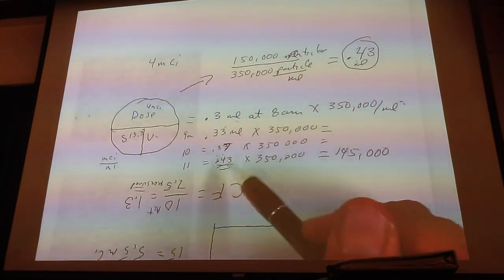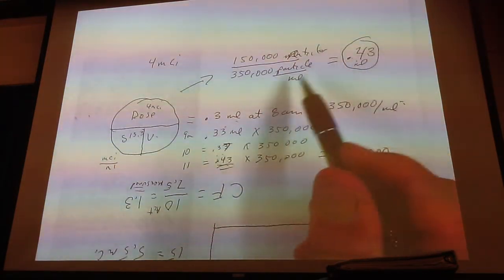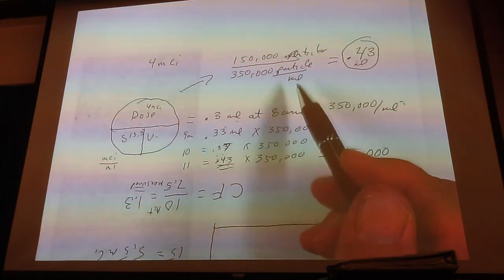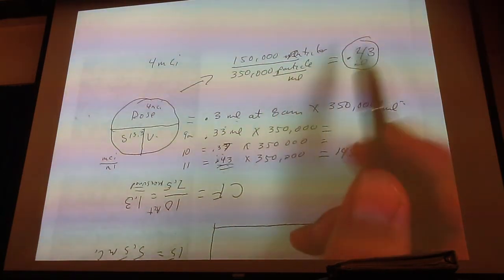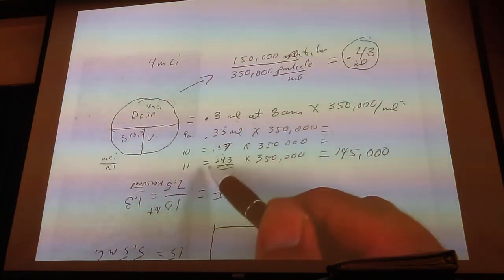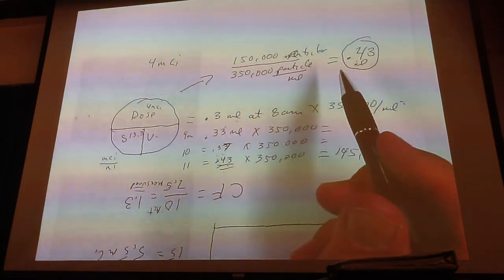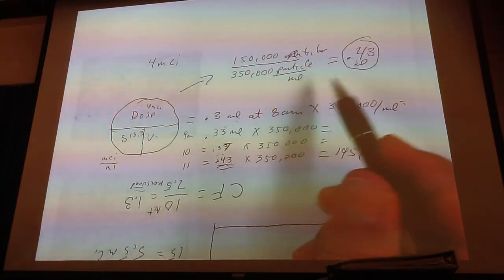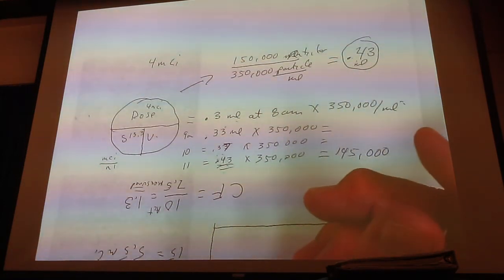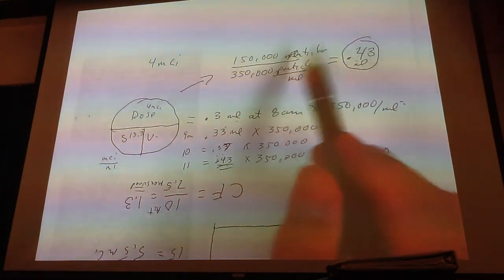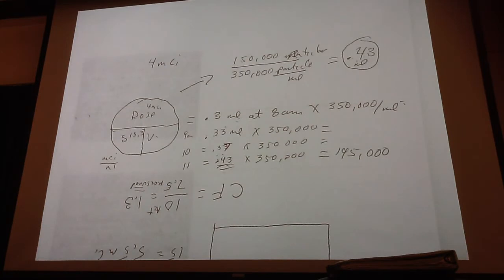If you carried it out to a significant number of figures, you probably would differ, but basically, 11 a.m. is probably the last opportunity that you would have to inject 150,000 particles. So far, so good. I'll keep that one in mind.